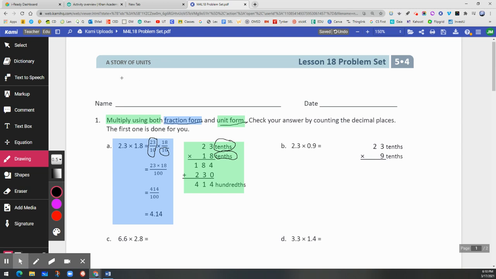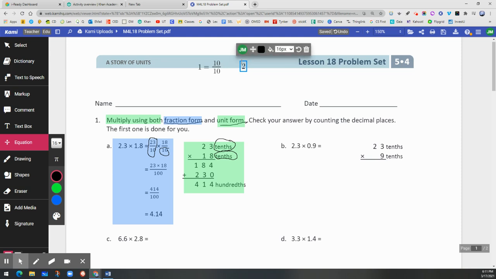Now, let's remember a couple of things, guys. Remember that this fraction, so let me write this down. Remember that one whole always equals 10 tenths. So as a result, when you have two wholes, then you have 20 tenths.